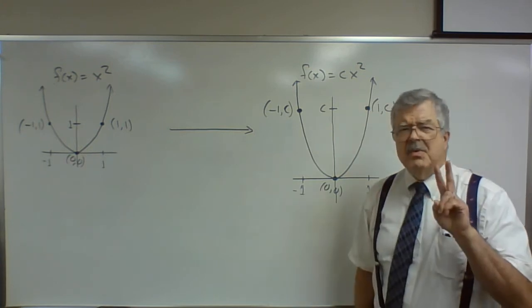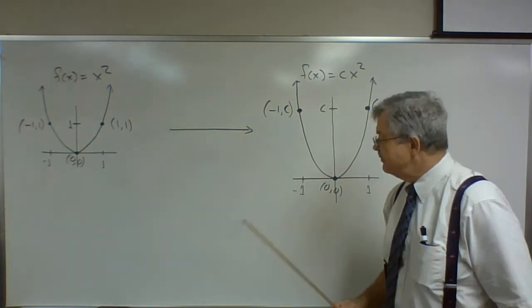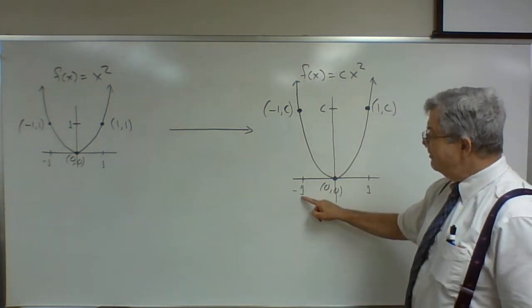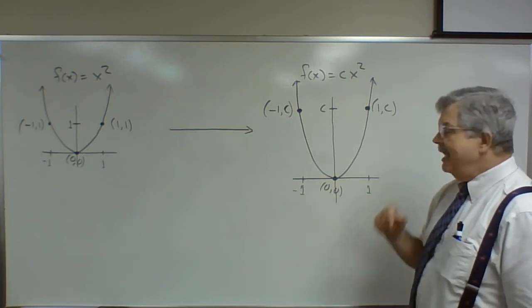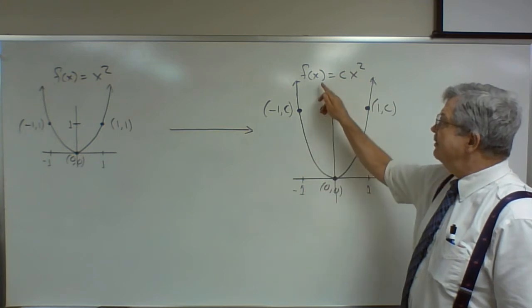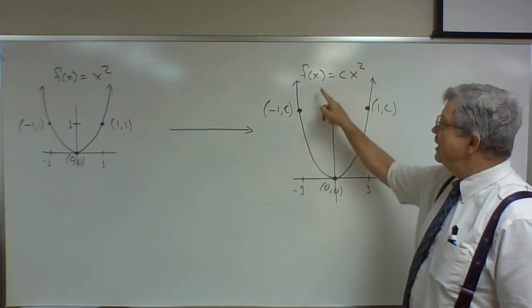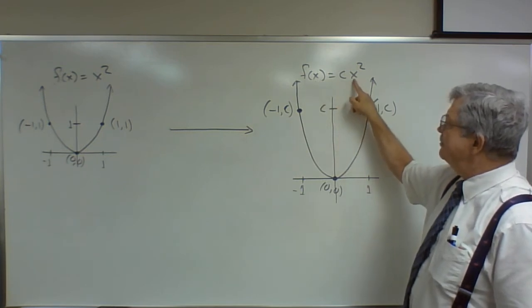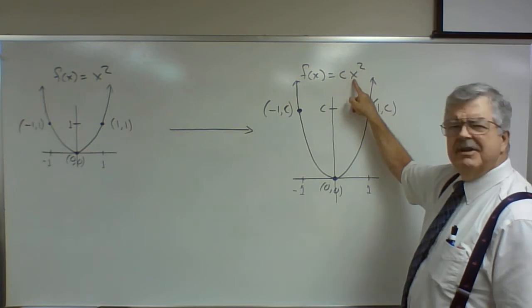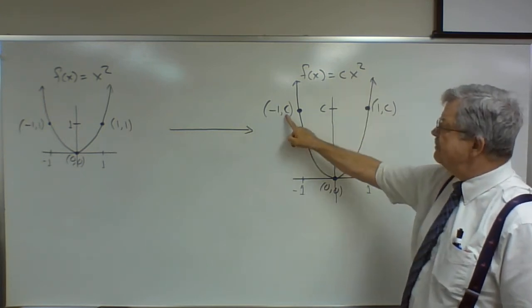And there are two ways that we can do this. Let's do it both ways. We can take our three friends, -1, 0, and +1, and plug each of these into the function f of x. When x is -1, f of -1 is c times -1 squared. See, -1 squared is +1, so this is just c times 1.